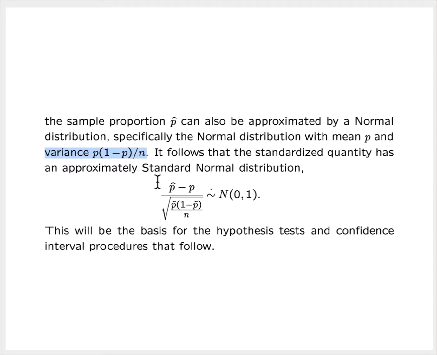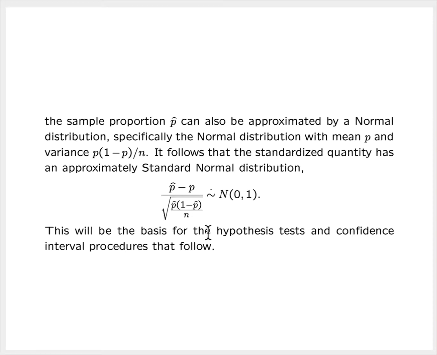So what we're doing here is calculating an estimated standardized version of p hat. We're subtracting off p. And I know that you're probably saying, well, look, if we don't know p, we can't subtract it off. That is correct. But what we're going to do is use this to come up with a procedure, for example, for constructing confidence intervals for p. And so because of that, we would need to include p here in the numerator.